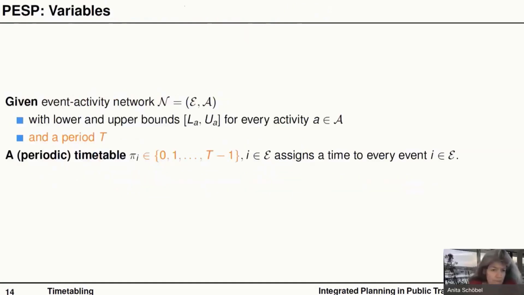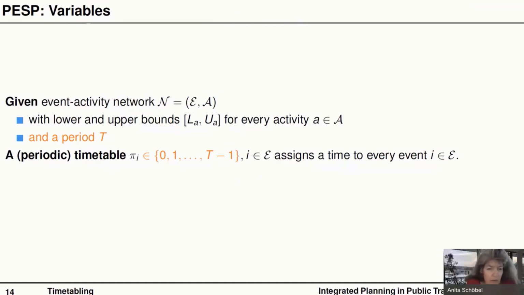Variables. We again look at our event activity network, which still has arrival and departure events, but now it is much smaller because we need only one arrival and departure event for every line. We only need to plan for this one hour, or one period, we want to repeat, and not for all the periods.